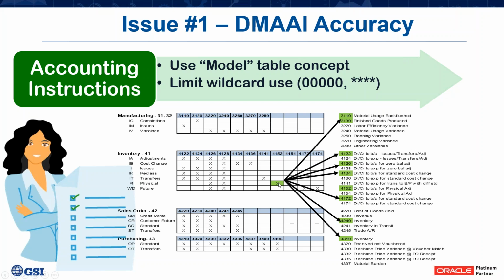Once we have that model all vetted out, what we can do now is get a report of all these other balance sheet side DMAAI tables that are in the setup. So you can see the green box that surrounds them. Now, what we can do is compare each one to the model and look for differences.